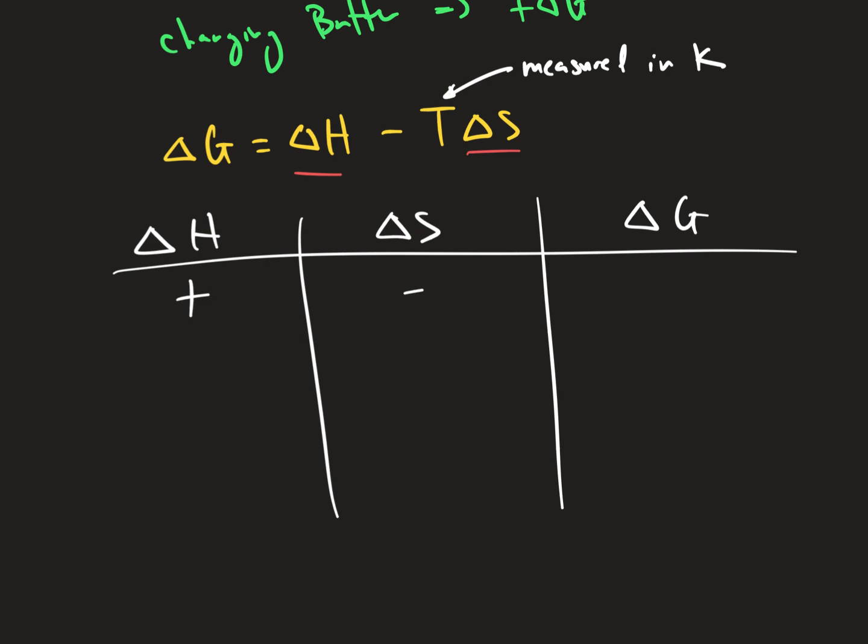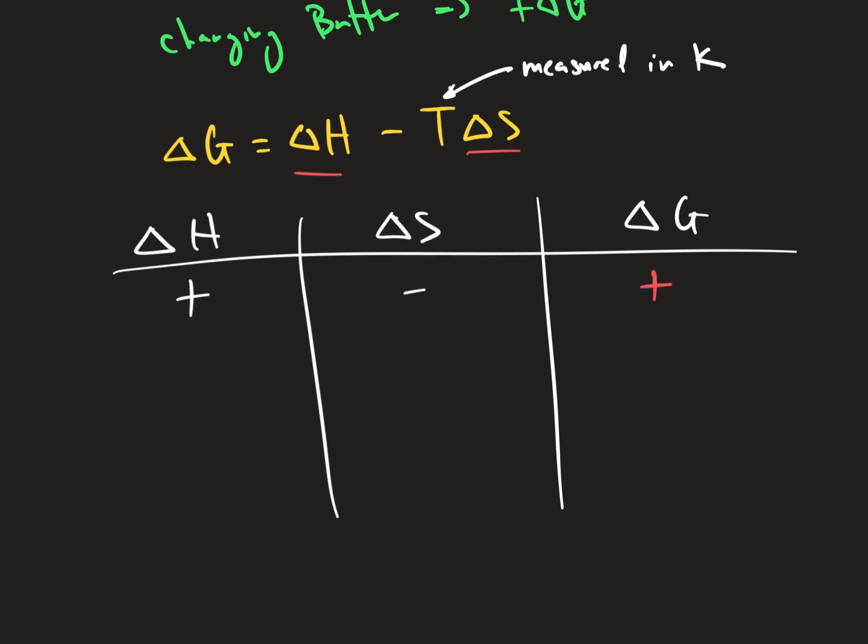So what's a positive minus a negative? Subtract a negative turns to positive, right? And if you can't do this in your mind, use a calculator. Pick some positive number, subtract some negative number, and it's always going to be positive.